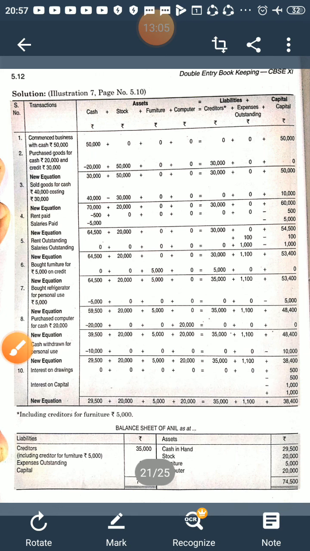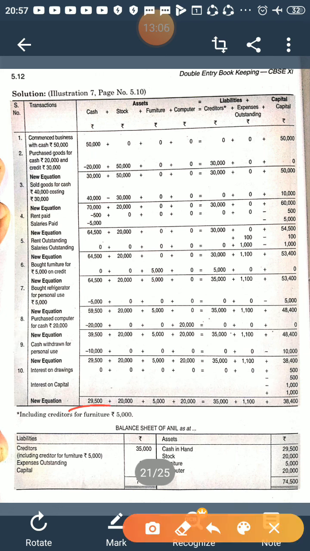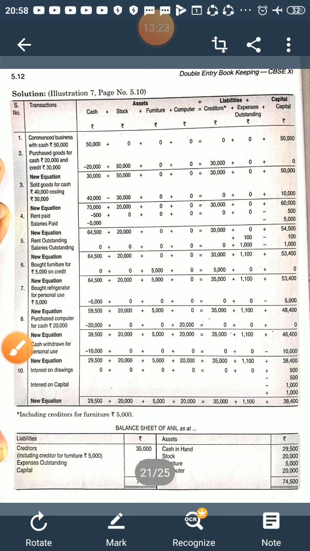Now the final equation is 29,000 cash, stock is 20,000, furniture 5,000, computer 20,000, creditors 35,000, outstanding expenses 1100, and capital is 38,400.